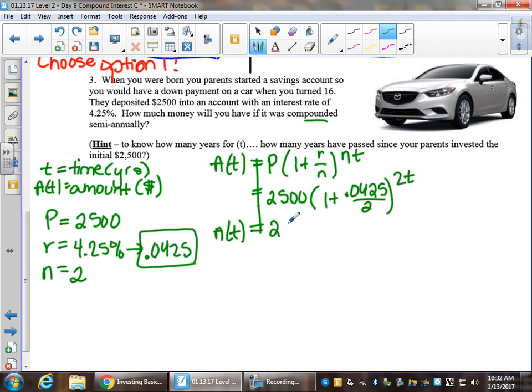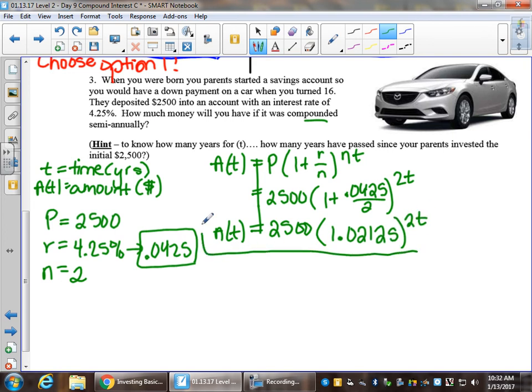Use your calculator to get what the number will be inside my parentheses. So doing 1 plus 0.0425 divided by 2 in your calculator gets you 1.02125 raised to the 2t, and I put it in a box. That way you're saying, this is my model, I'm done building the model, and now we can use it.